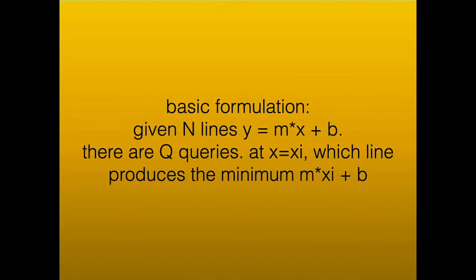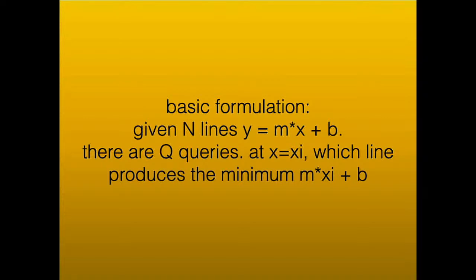The question is, you are given a value x, and we want to know among the n lines that we have, which line is minimum at x equals xi. So you have several lines like that, and let's say we have xi here. We want to know which line we hit first from negative infinity, right?